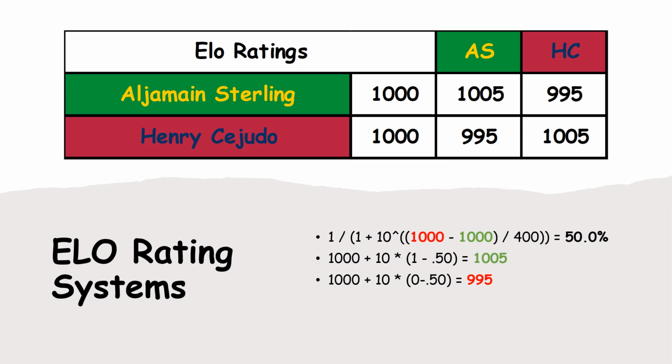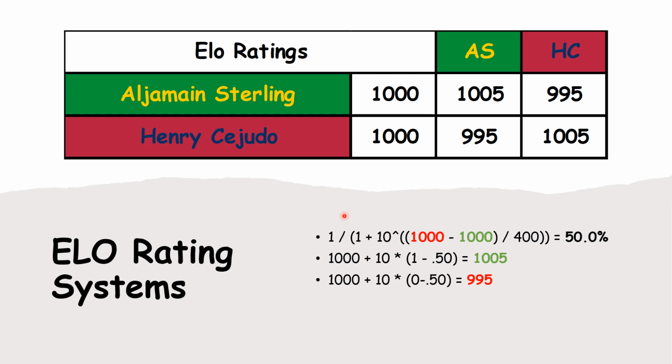So as you can see, this has been a relatively recent match when it comes to combat sports, with Aljamain Sterling taking on Henry Cejudo. So what we did here is we started with both fighters having a 1000 ELO rating. And first we have to find out what is the expected result.